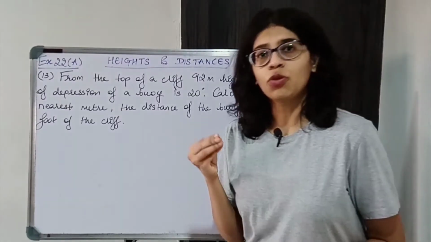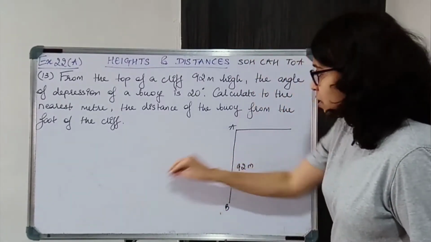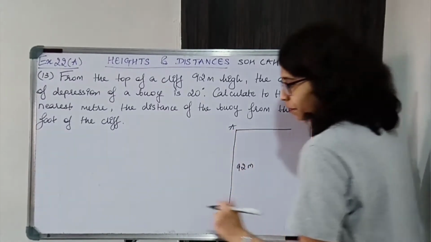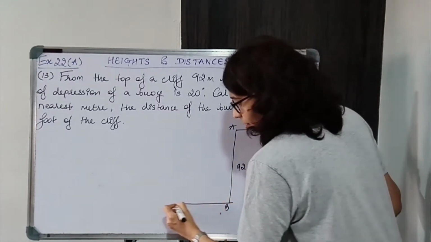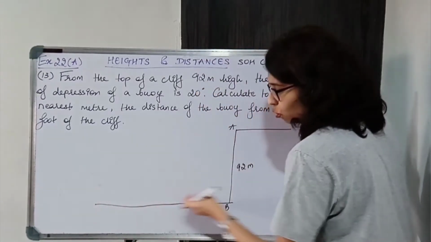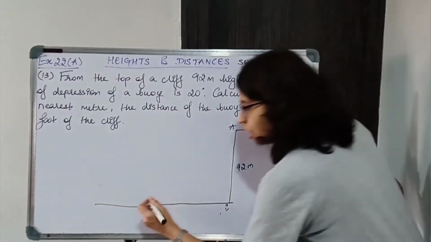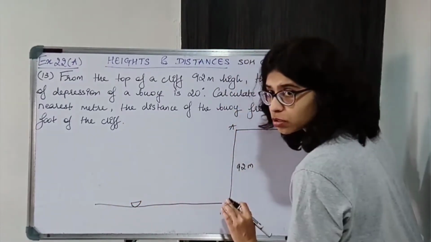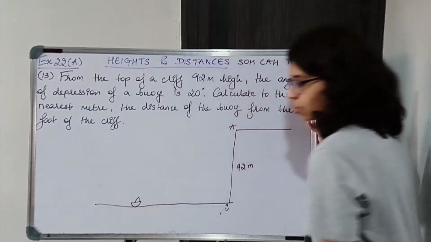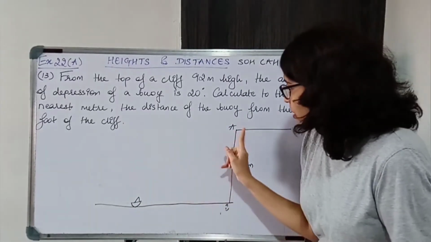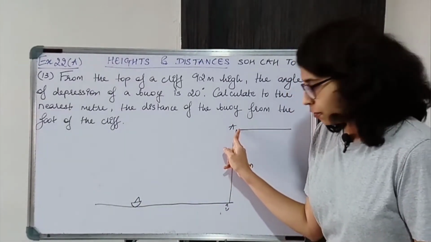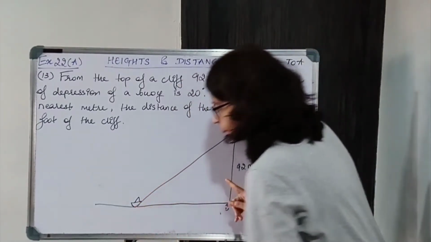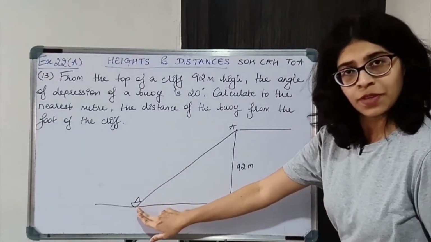So this buoy, उसका angle of depression दिया है from the top of the cliff. Over here there is this water source. Now यहाँ पे there is some buoy which is floating on the water.